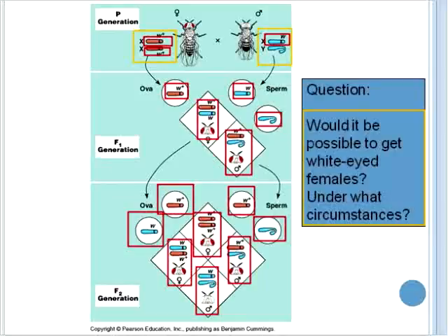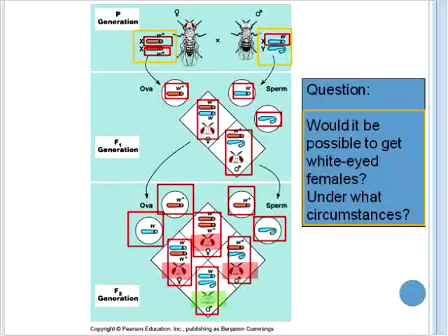The ratio was indeed 3-to-1, with 3 wild type and a single white-eyed male, for an overall ratio of 3-to-1.